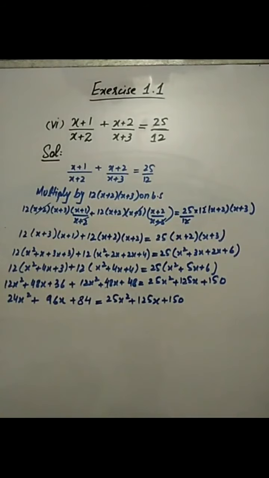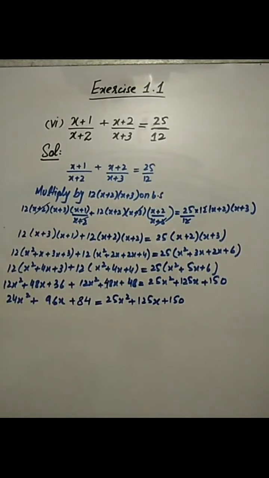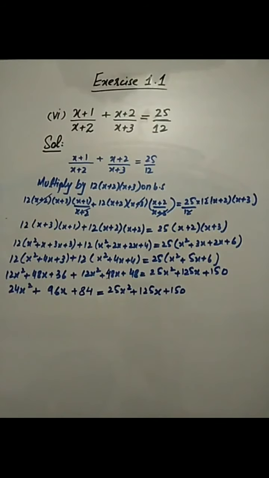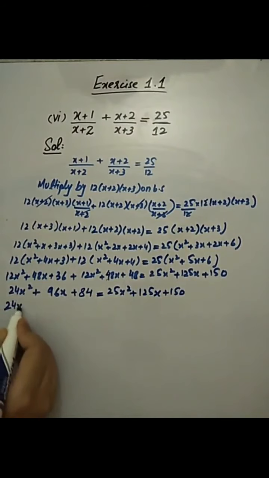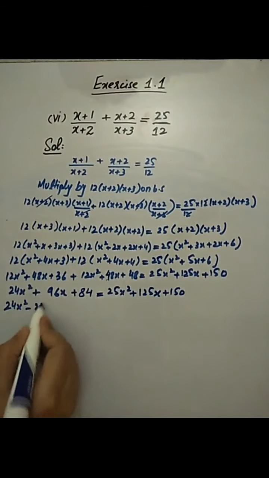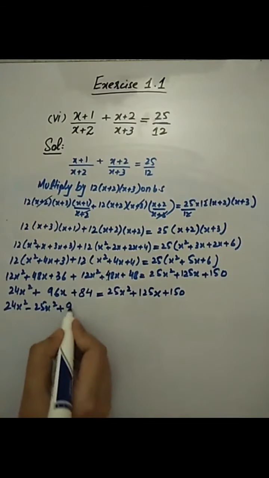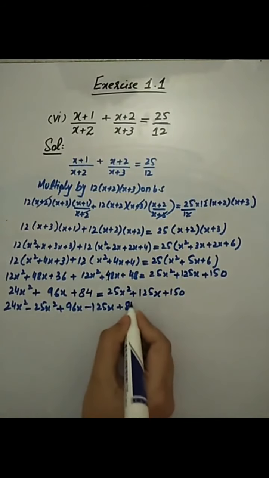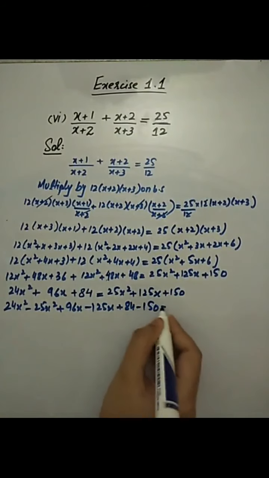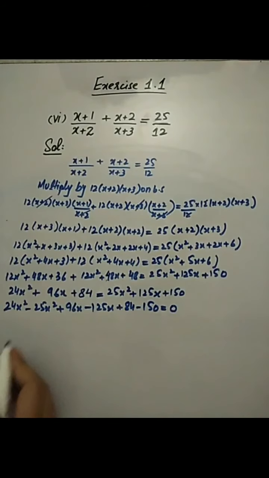Now 24x square minus 25x square plus 96x minus 125x plus 84 minus 150 is equal to 0. So what we will get?